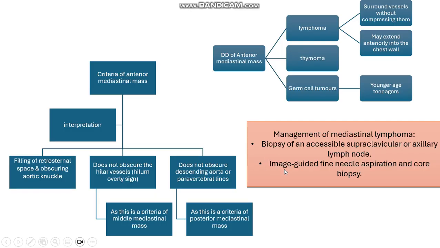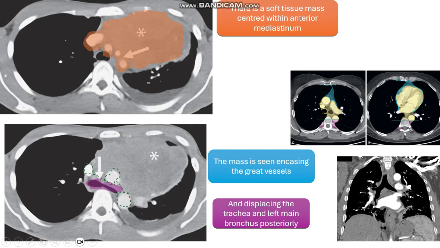Okay, you have to take a biopsy of the mediastinal mass by image-guided fine needle aspiration and core biopsy. So if you can't find any axillary or supraclavicular lymph node to perform a nodal biopsy, you have to perform image-guided fine needle aspiration and core biopsy of the mediastinal mass.